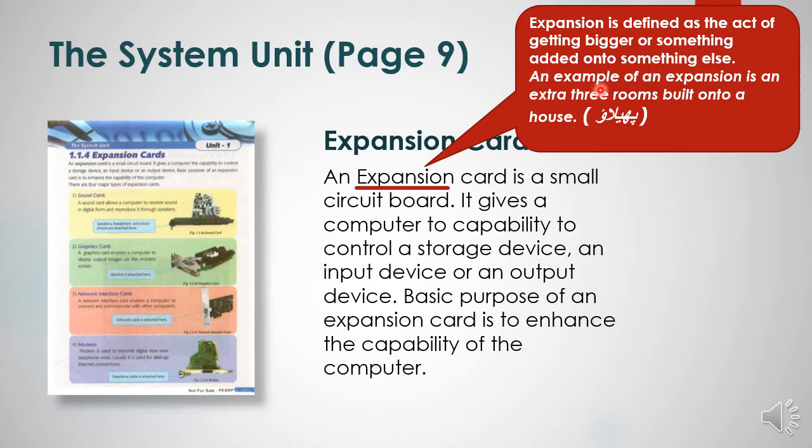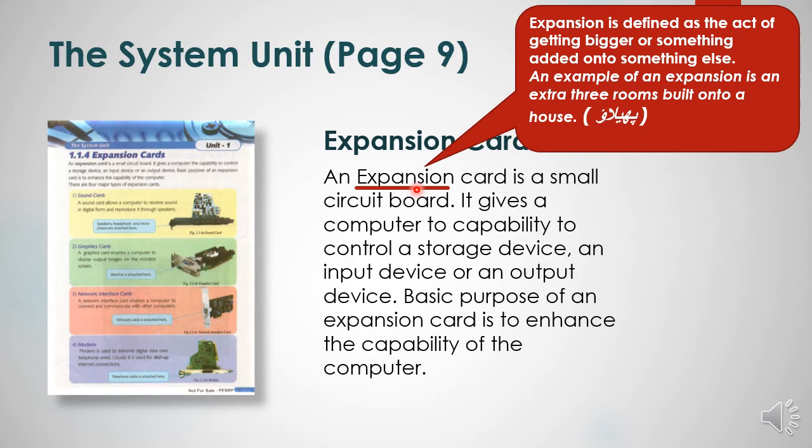An example of an expansion is an extra 3 rooms built onto a house. In Urdu, we can say philao. So, expansion card is an extra device that is added to a computer.